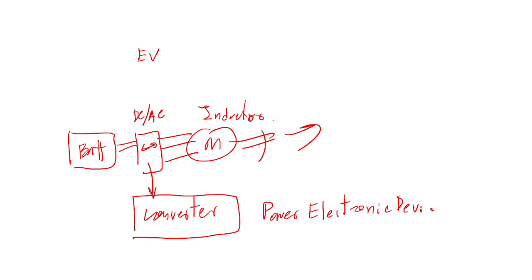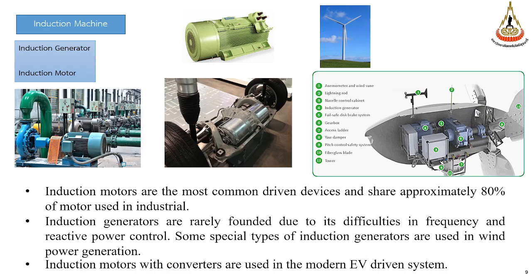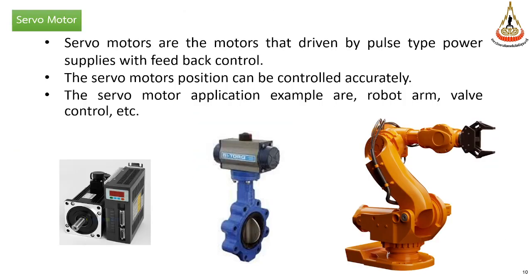This is an induction motor, an AC motor, not DC. With the driving system changing DC to AC, we can control the speed of the motor. So in EV cars nowadays we use induction motors.